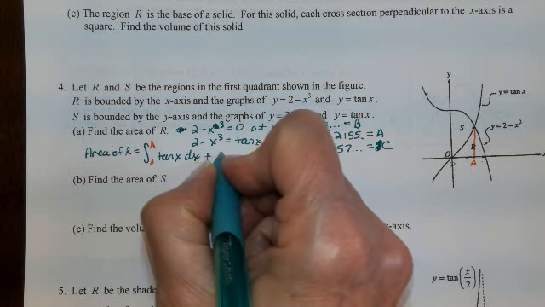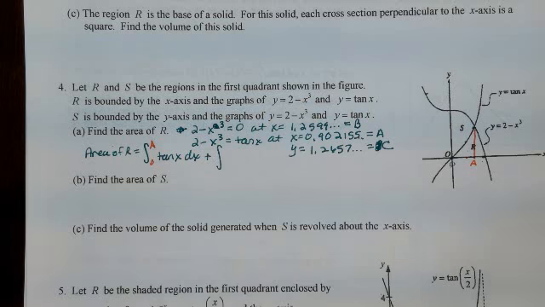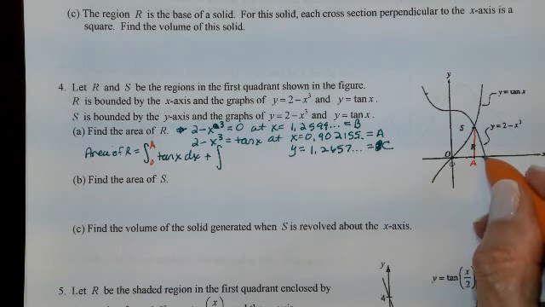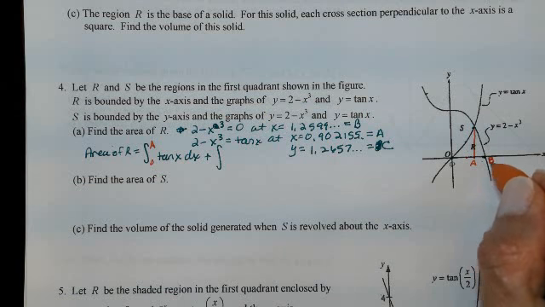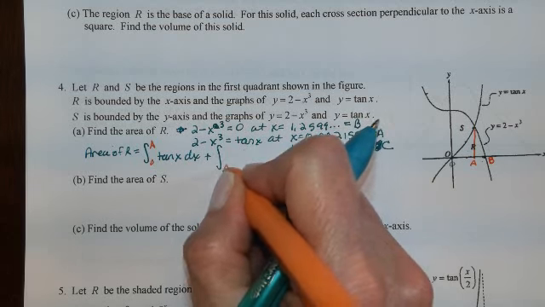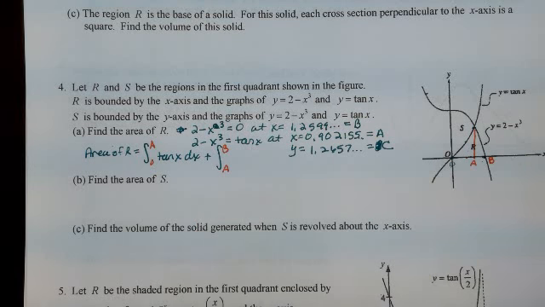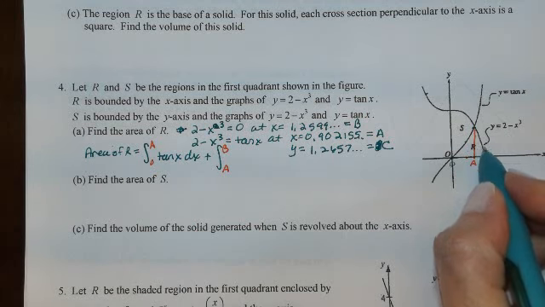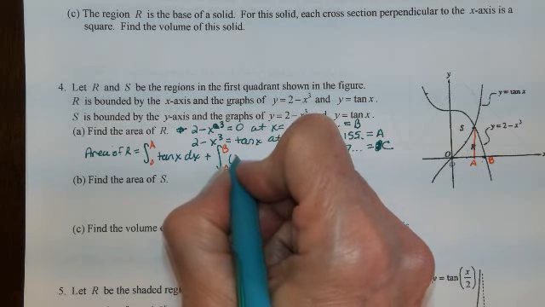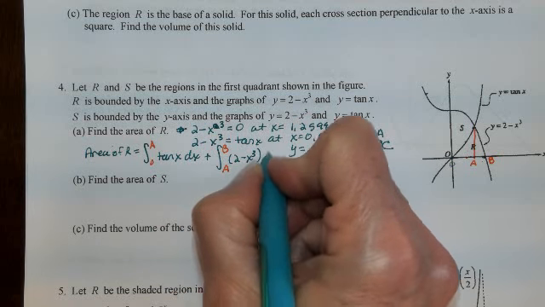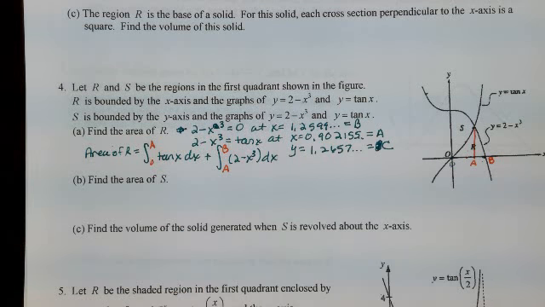And then I'm going to add to that the integral from a to this x value, which is my b, right? So from a to b of that top minus bottom, which is 2 minus x cubed minus 0 dx.